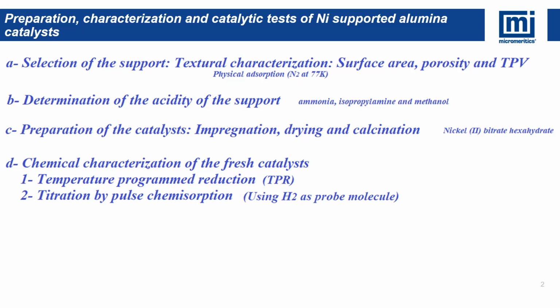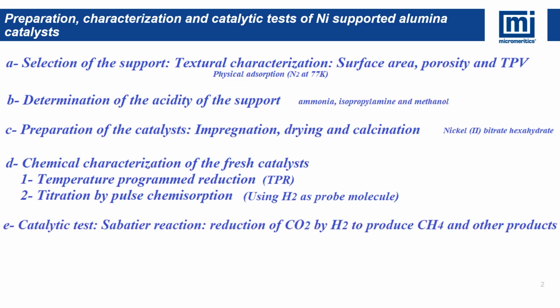So this is very important in catalysis, to measure the amount of accessible active species on the catalyst. We did it by using hydrogen as a probe molecule, because we know nickel is a very active element and can absorb hydrogen. So we used hydrogen as a probe molecule to titrate and calculate the amount of accessible nickel on the surface.